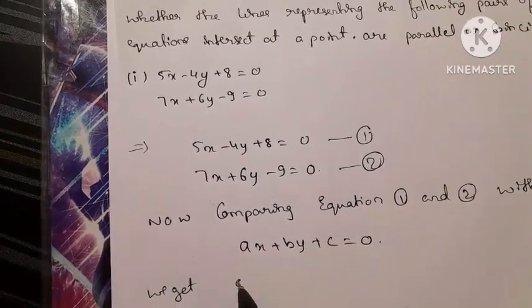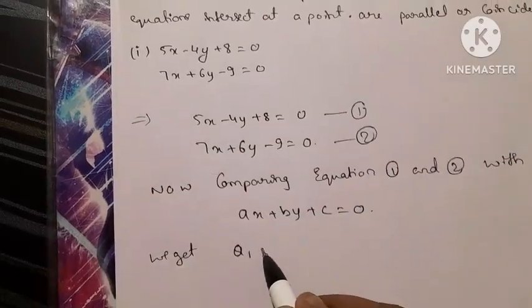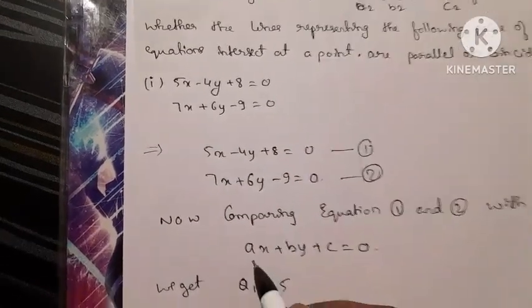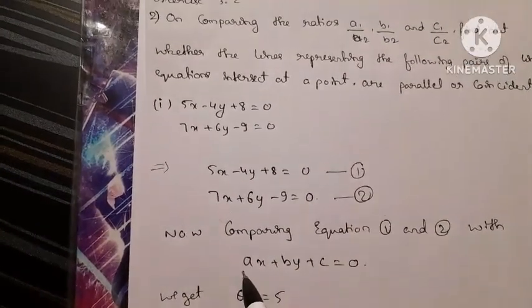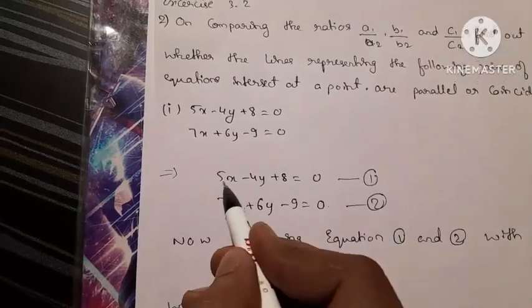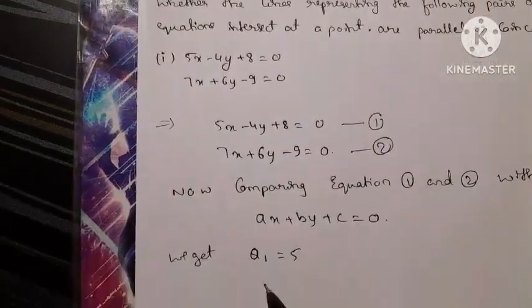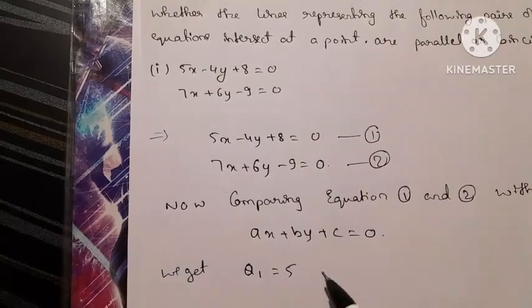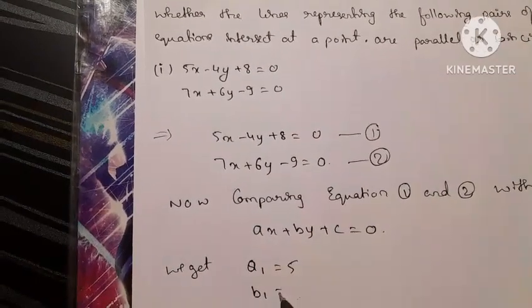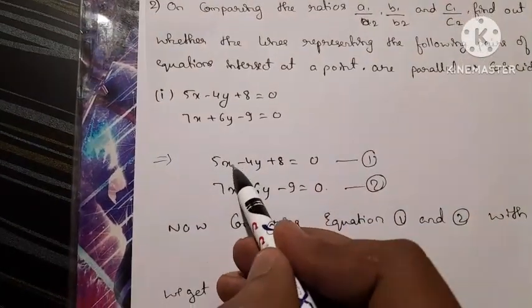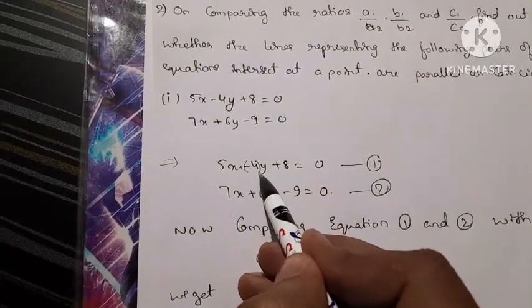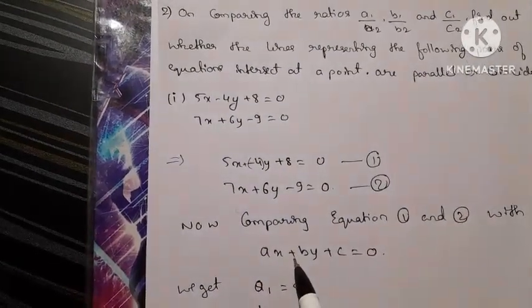a1 is equal to 5. See, what is the constant value before x? This is 5. So we can write a1 as 5 for equation 1. Then what will be b1? b1 will be, you can see here, plus into minus 4. You have to make it in standard format like this.